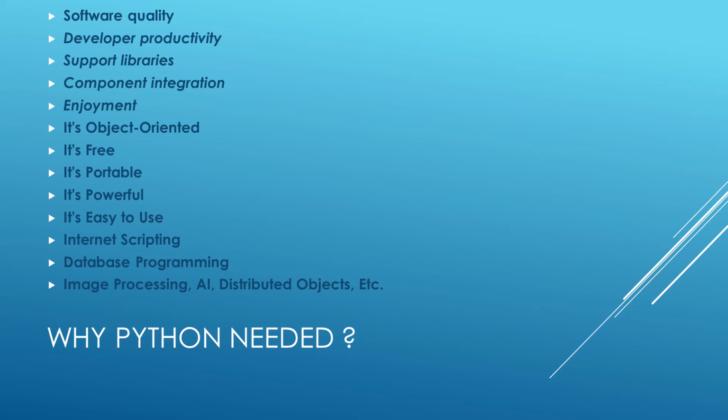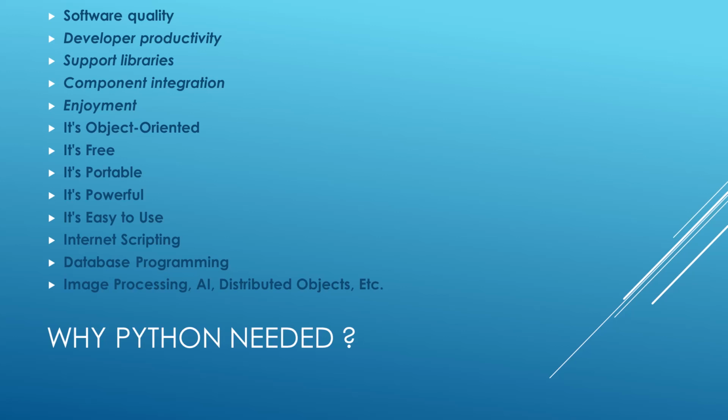It's object-oriented. Python is an object-oriented language, from the ground up. Its class model supports advanced notions such as polymorphism, operator overloading, and multiple inheritance, yet in the context of Python's dynamic typing, object-oriented programming, OOP, is remarkably easy to apply.